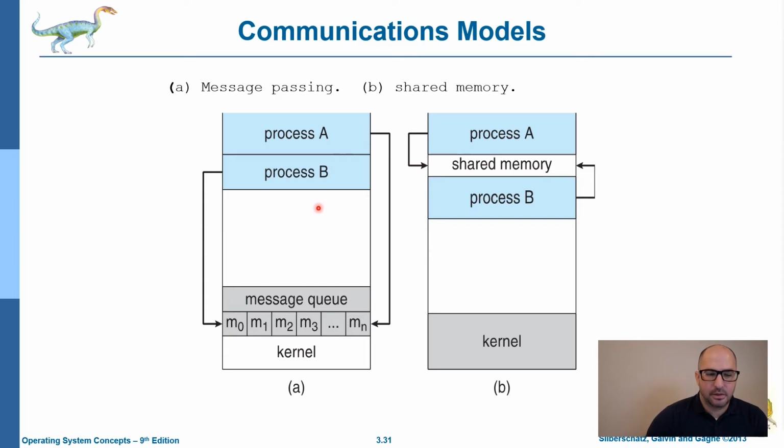In message passing, there is somewhere in memory a message queue, and a set of messages that go into the queue, placed there by either process A or process B, and either process can consume information out of that queue. So there are fewer restrictions around shared memory from a top-level perspective: it's just shared, write to it, read from it whenever you want. A message queue will have a strict definition of how information goes into and comes out of the queue.